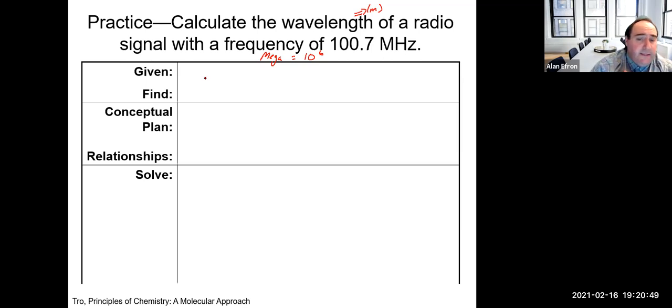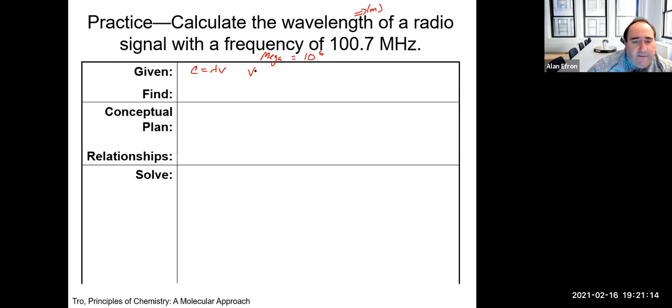So in this case, we're looking for the wavelength of a radio signal with a frequency of 100.7 megahertz. A couple of important relationships: we are going to use the same formula that we saw previously, which is c equals the wavelength times the frequency.